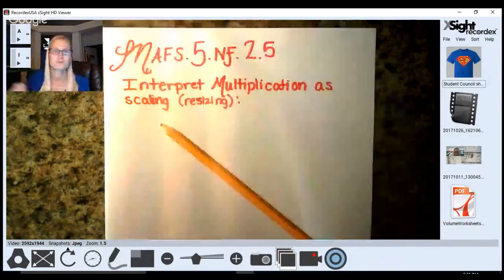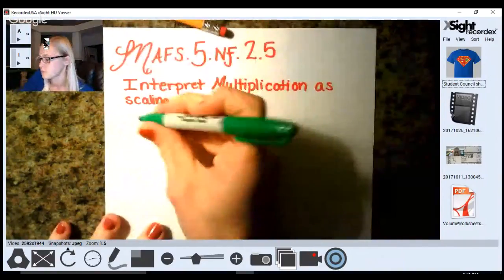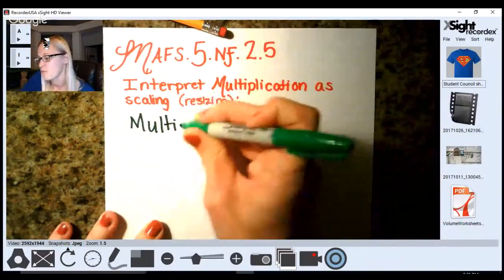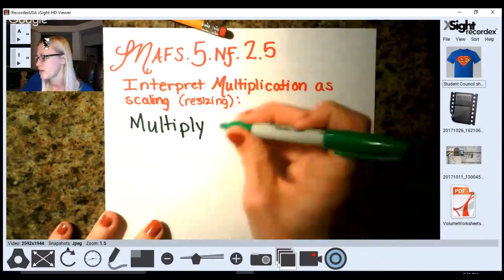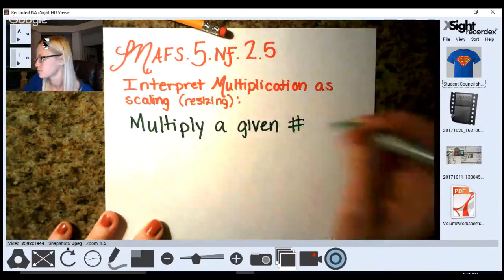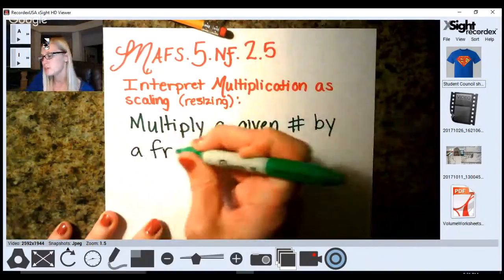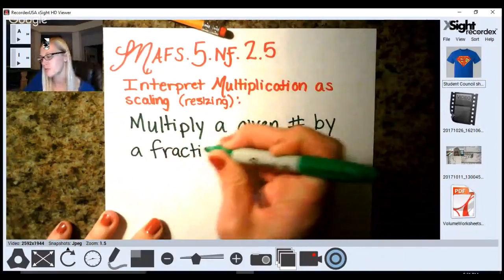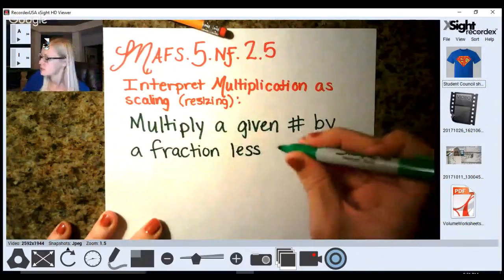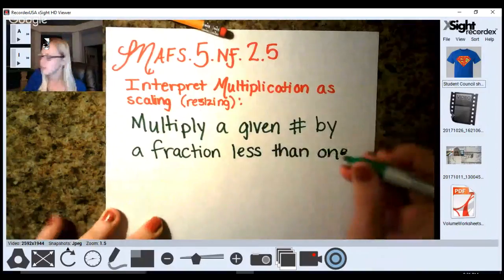So the first rule is when I multiply a given number by a fraction less than 1. So when I'm multiplying a number by a fraction less than 1, that means that I'm basically taking that number and I'm cutting it into pieces, and I'm not going to keep all of it.